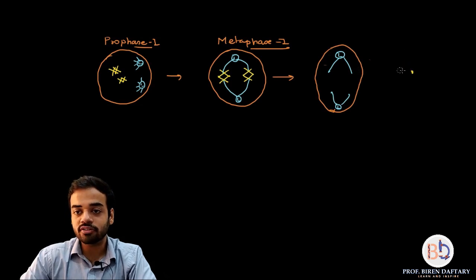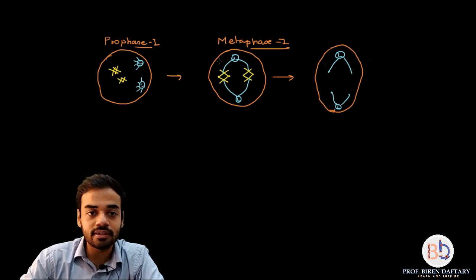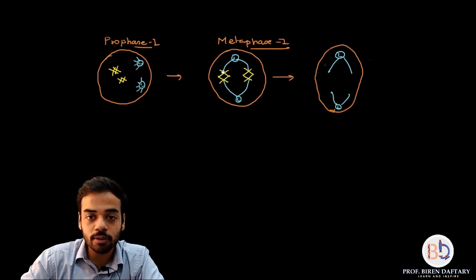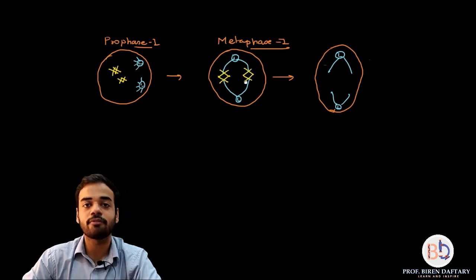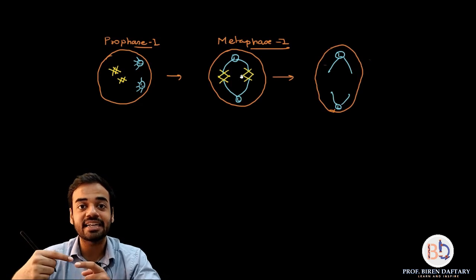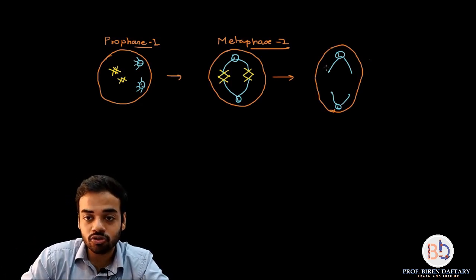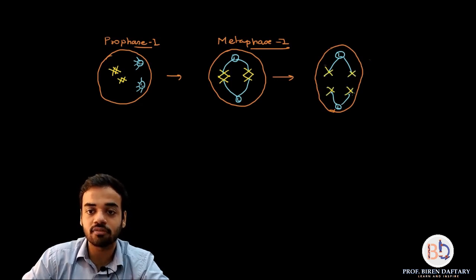So in mitosis sister chromatids separated, but now what is going to happen? Now this chromosome is going to be pulled upwards, this one is going to be pulled downwards. Similarly the same is going to happen for these two. So now sister chromatids will not separate, entire chromosomes will separate, and because of that we are going to show one chromosome over here, one over here, the other over here, and the other one over here.